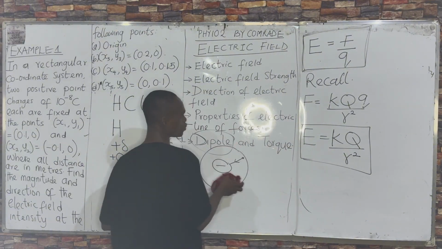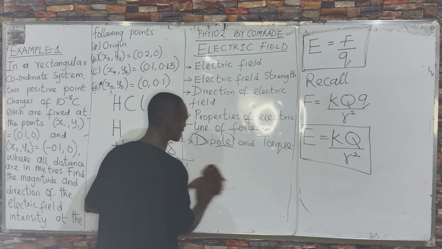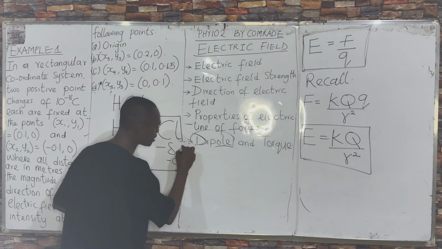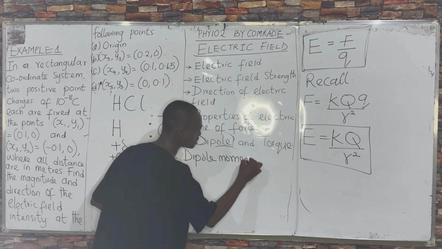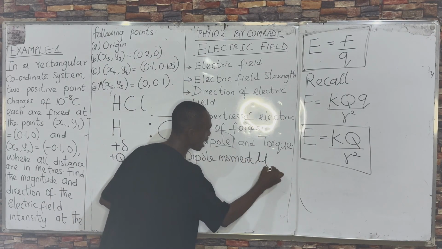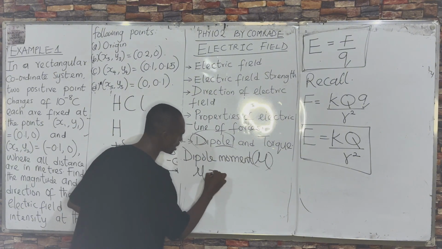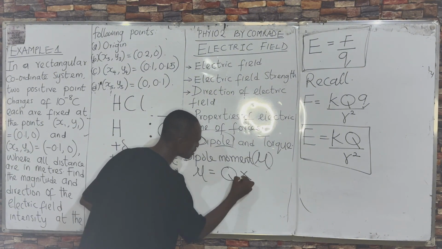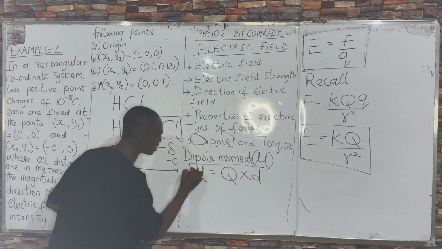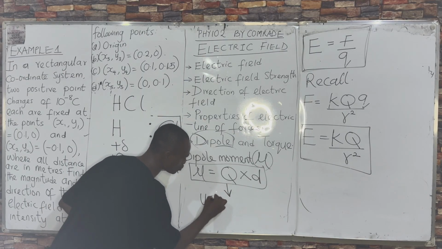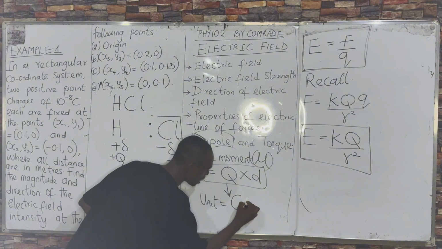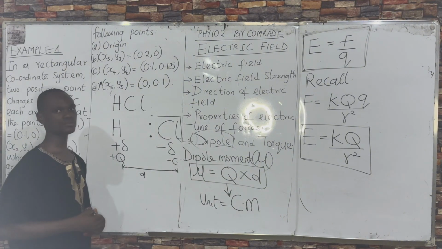And in physics, we are mostly interested in what is called dipole moment. We are interested in the term called dipole moment. And dipole moment is actually the charge multiplied by the distance. And the unit for dipole moment is actually coulomb meters.